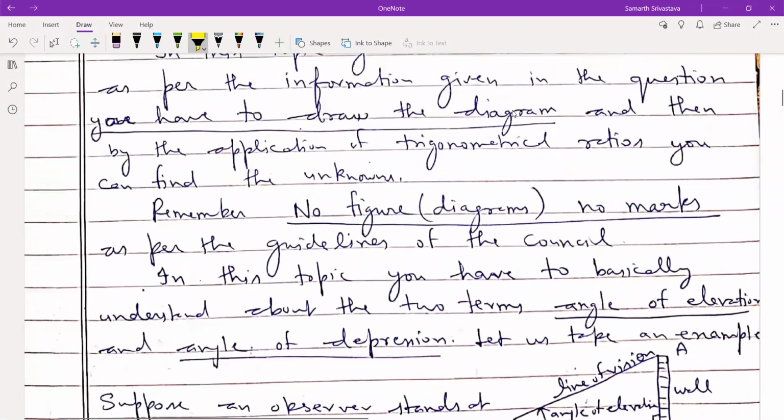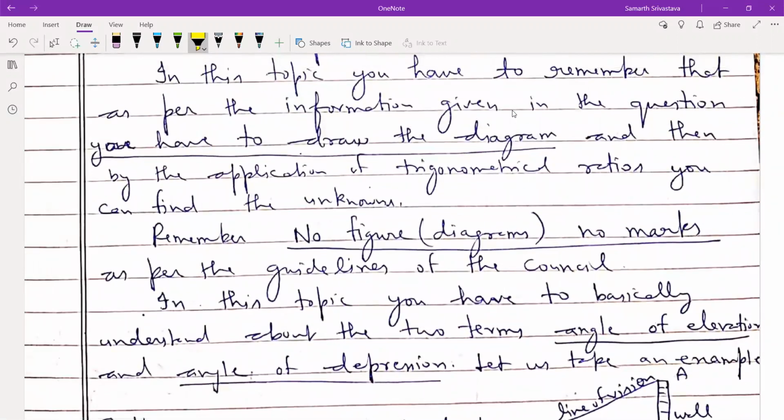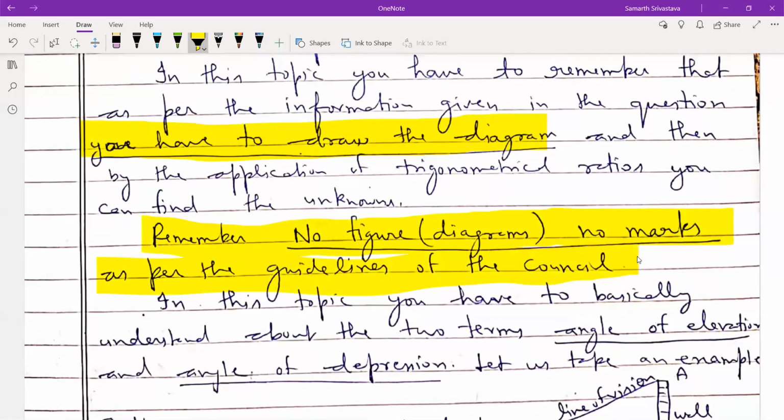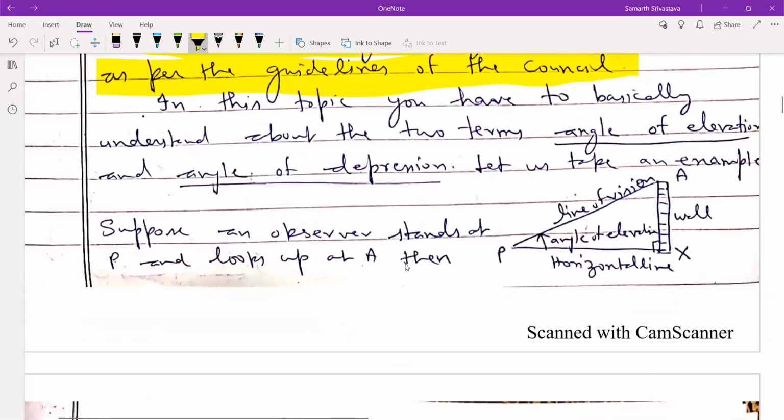In this topic, you have to remember that as per the information given in the questions, you have to draw the diagrams, and then by the application of trigonometrical ratios, you can find the unknown required. Remember, no figure, that is no diagram, then no marks as per the guidelines of the council. That means you have to draw the diagrams and it is compulsory.